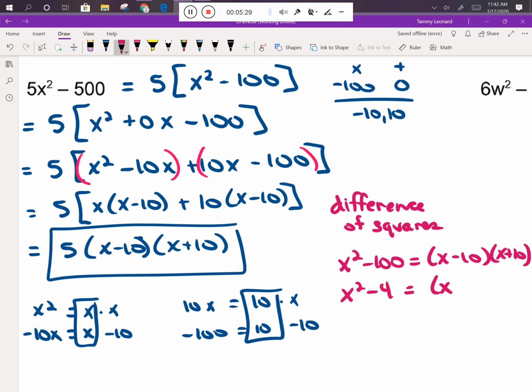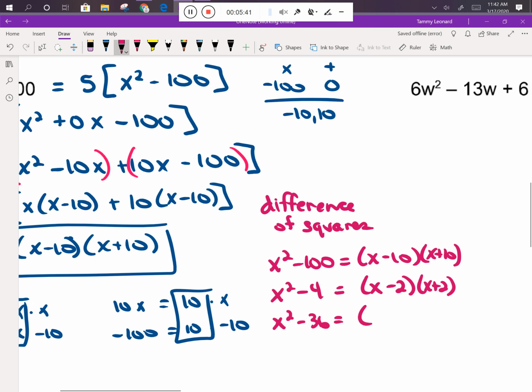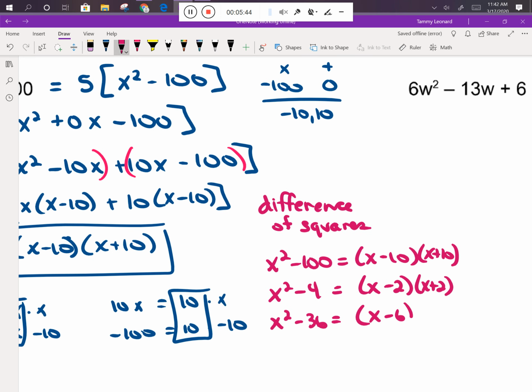And both times it factors into x minus 2 and x plus 2. And if my memory serves me right, I think we might also have done an x squared minus 36 at one point, and it factored into an x minus 6 and an x plus 6. And these were all situations where we add in that 0x in the middle.